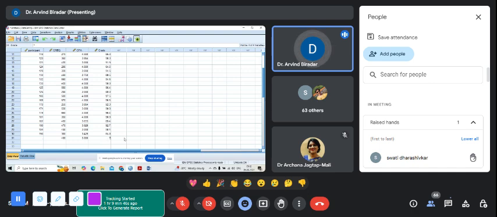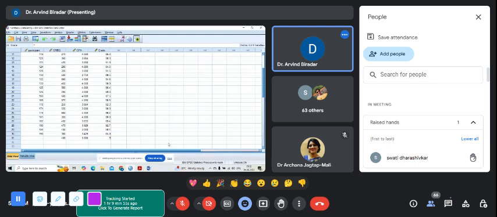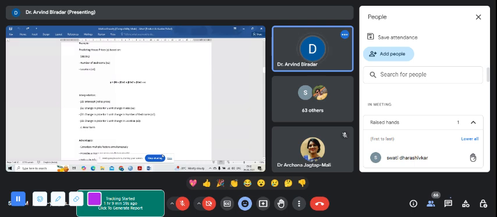Are you able to estimate this one? This is our equation. The equation is y equals beta naught plus beta 1 x1 plus beta 2 x2. Two variables are there.